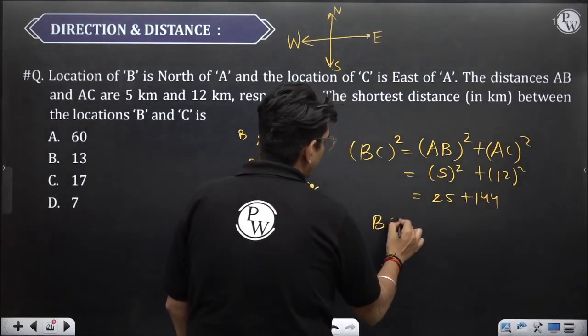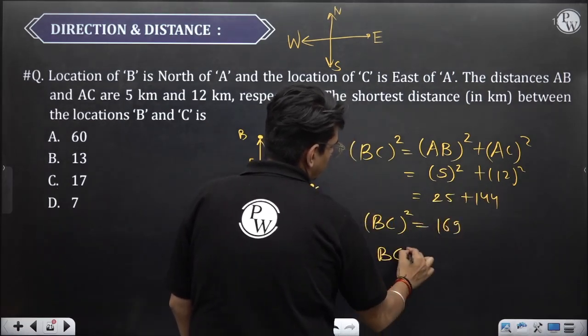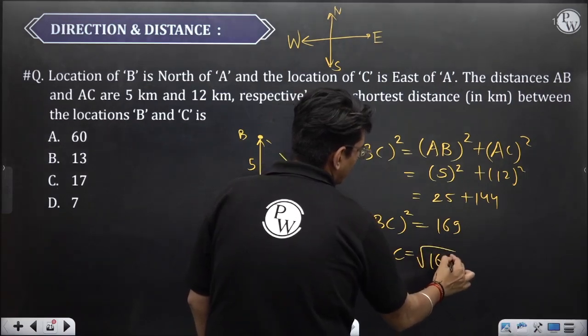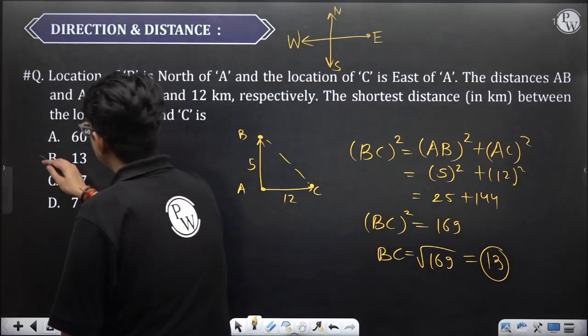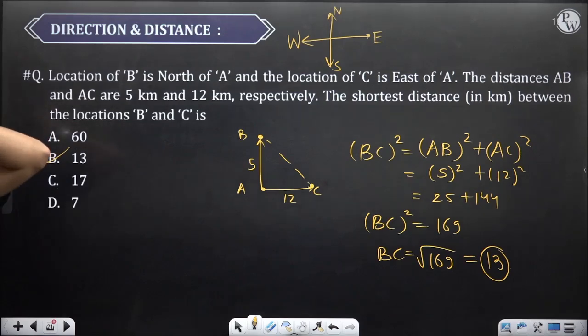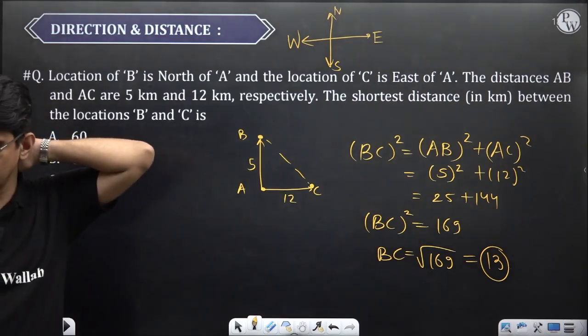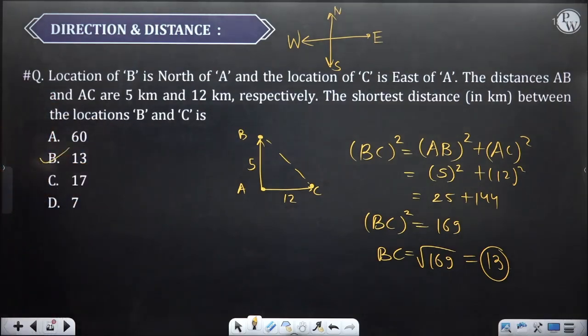So BC square equals 169. So BC equals root over 169, which is 13. तो डायरेक्टली पूछ लिया, पाइथागोरस अप्लाई करने को बोल दिया है, राइट? Very, very easy question. 2 questions are left, then we will finish this video today, right?